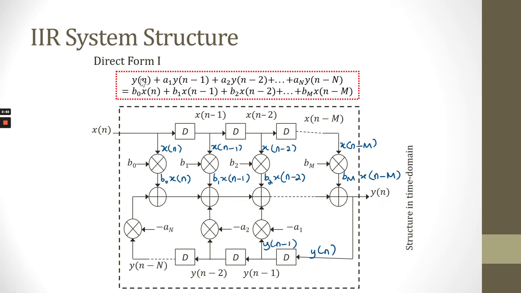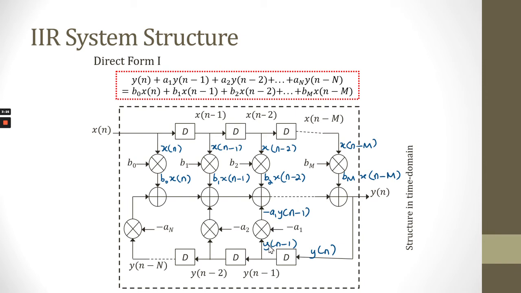In order to have y[n], we need to rearrange the part that involves past output and take it to the right side, so all the coefficients become minus a1, minus a2, up to minus aN. So in this direct form 1, we use the symbol minus a1 for the coefficient of this part of the past output.